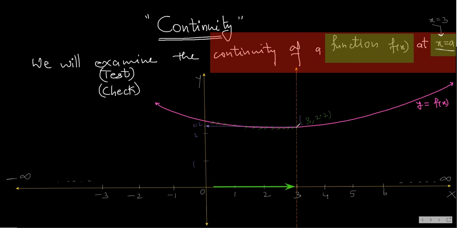If you write the coordinates of all these points, you will notice that for all these points, the x value is approaching 3 from the left, and for all these x, the y value is approaching 2.2.